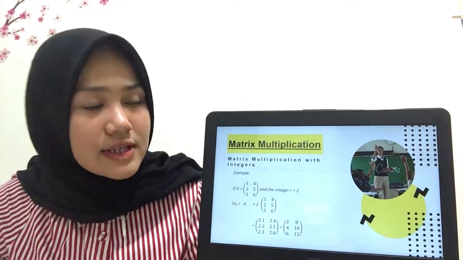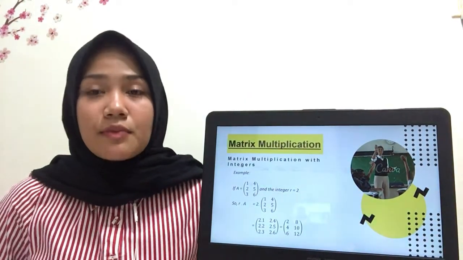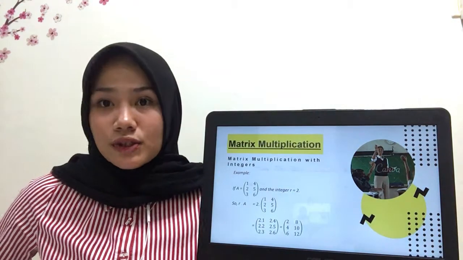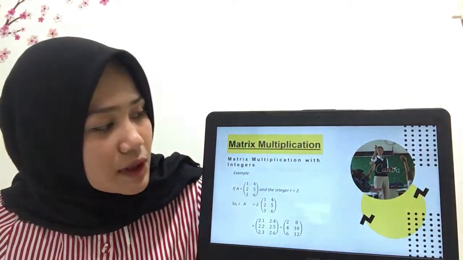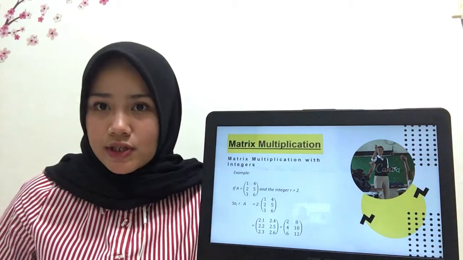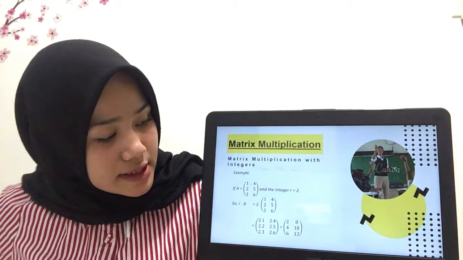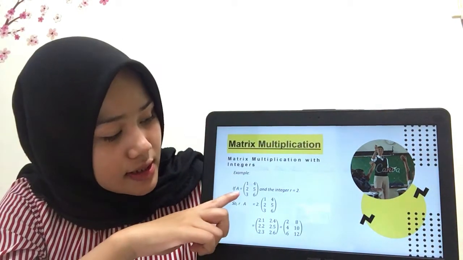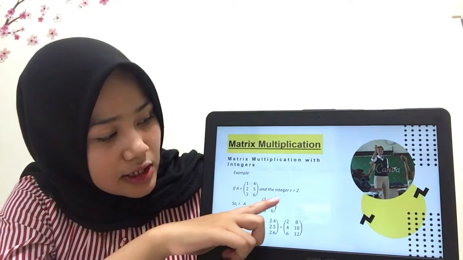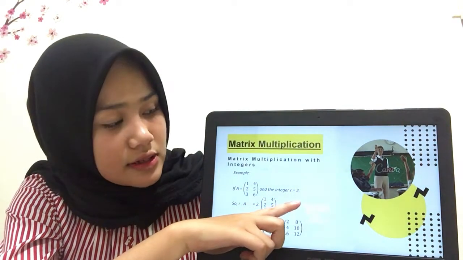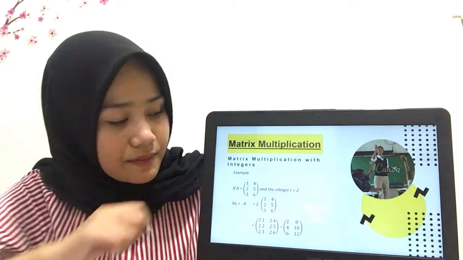Next, there is matrix multiplication. Matrix multiplication has two types. The first type is matrix multiplication with integers. For example, there is matrix A and the integer r is equal to 2.